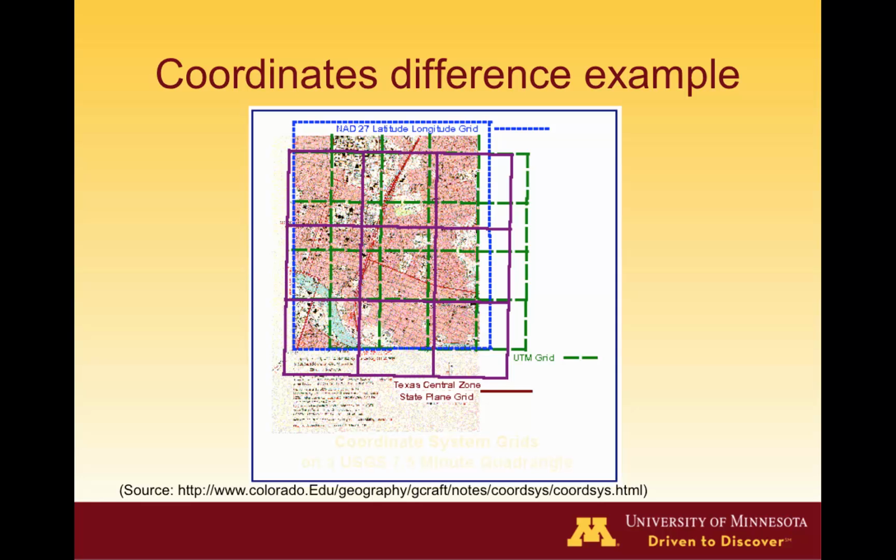We see a lot of difference, and we know that the Texas Central Zone state plane grid is the most precise way of describing this local area, this Texas Central Zone.